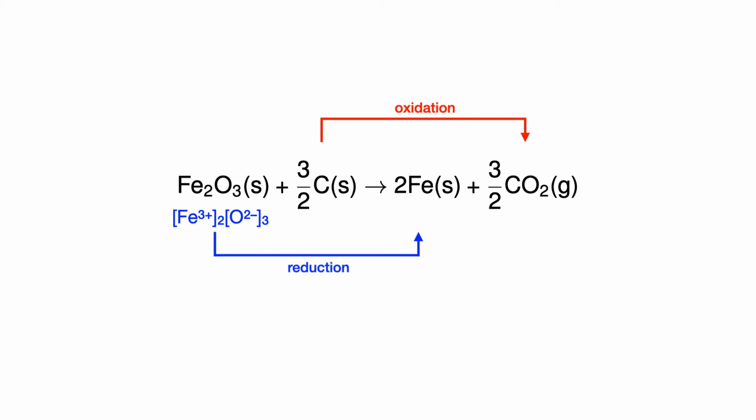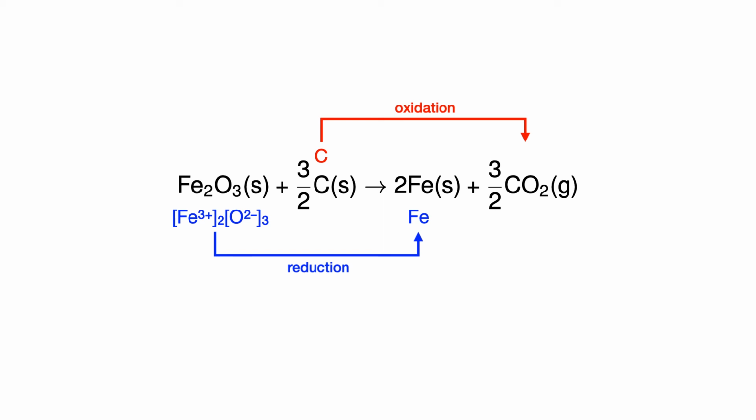But you can see that the iron is starting out as a 3+ ion, and it's ending up as a neutral atom of iron metal. And so the iron is gaining electrons in this reduction. In the oxidation, we're starting with just solid carbon, so we've got neutral carbon atoms, and we're forming carbon dioxide.